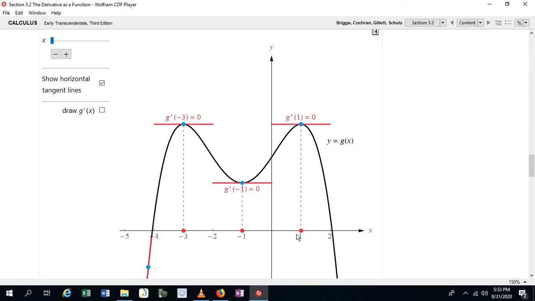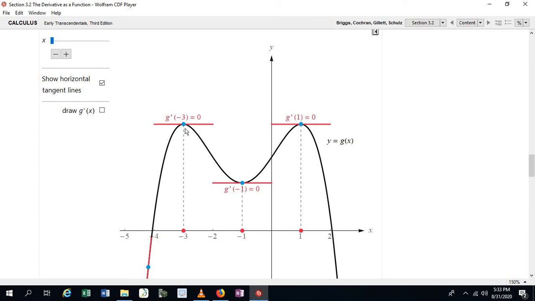And so if you plot these, because we're going to graph the derivative, g prime, then when x is -3, I get a y value of 0. So this ordered pair is at -3, 0, right there. And that's an x-intercept. This one's -1, 0, another x-intercept. This one is 1, 0, another x-intercept.